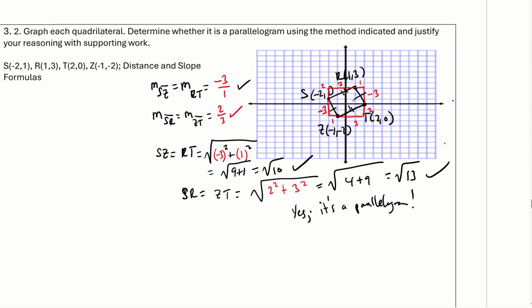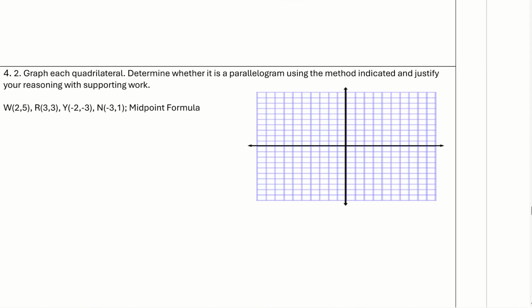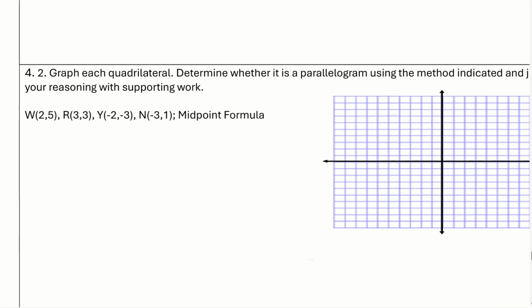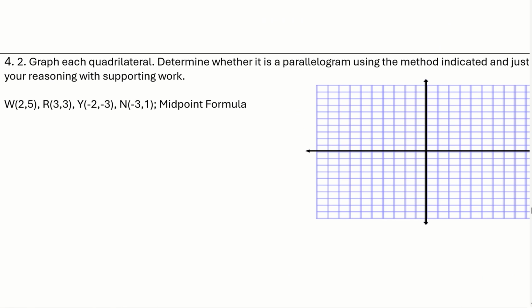Okay, all right, so we've got one more, and this one is for the midpoint formula. So W is 2, 5. R is 3, 3. Y is -2, -3.